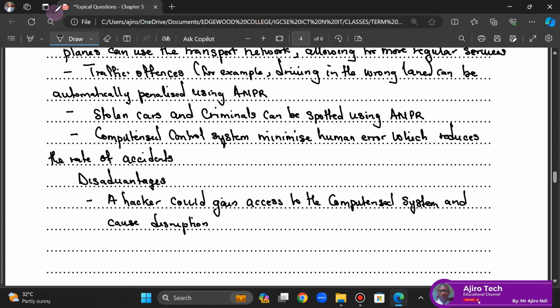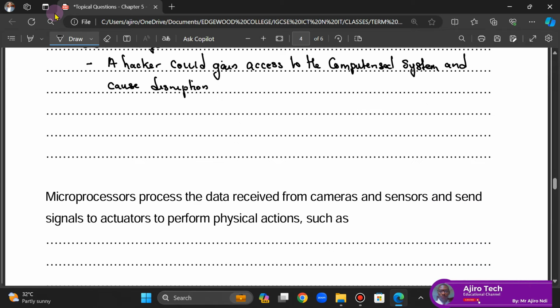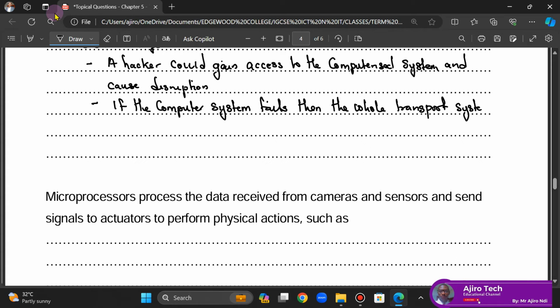Another point to this is if the computer system fails, then the whole transport system could be brought to a standstill.